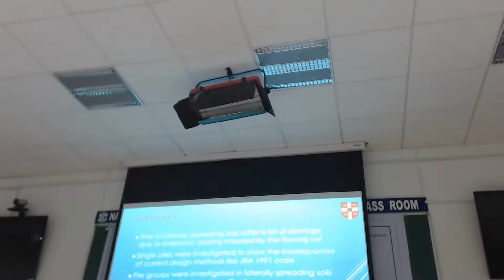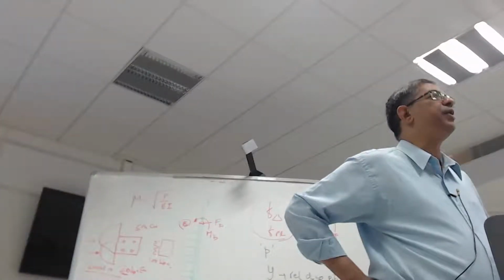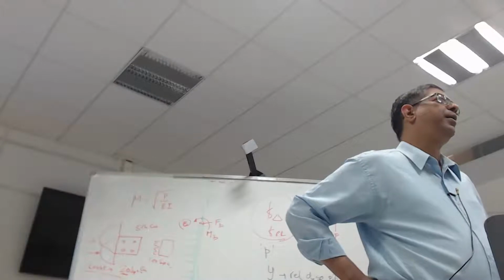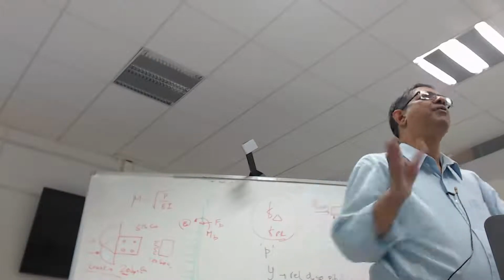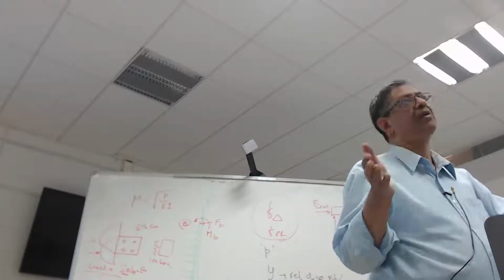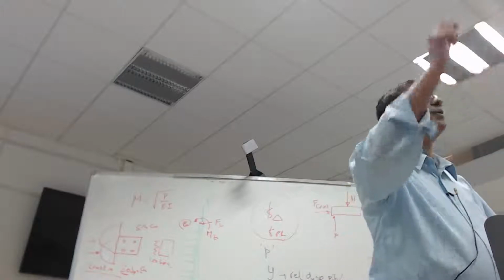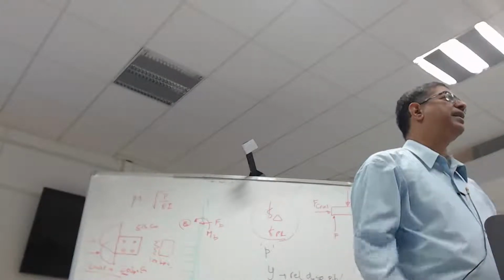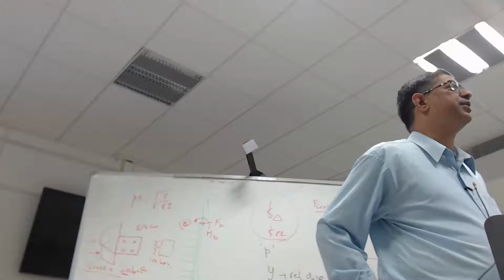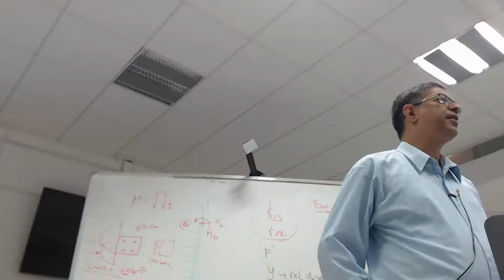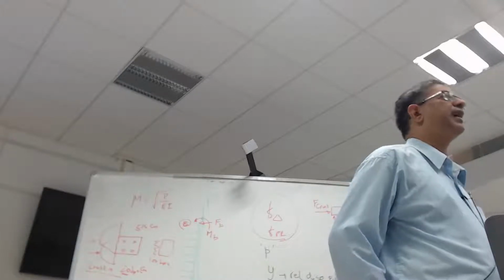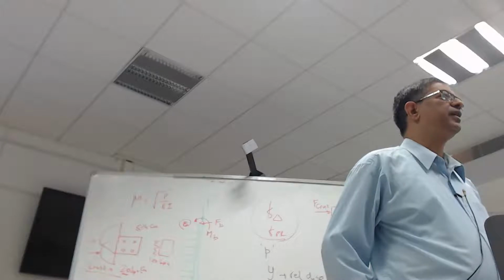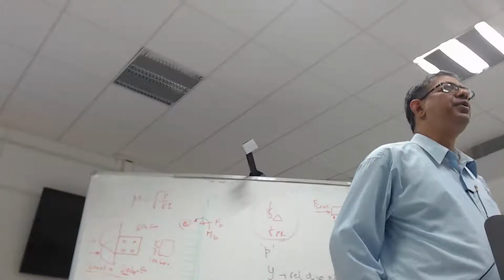So it's not zero, but if you are applying 20 kPa on a reasonable sized pile, say half a meter diameter, half times 20, it's like 10 kilonewtons per meter, which you can add on. It's not going to be much more than that. So I'm not worried so much.